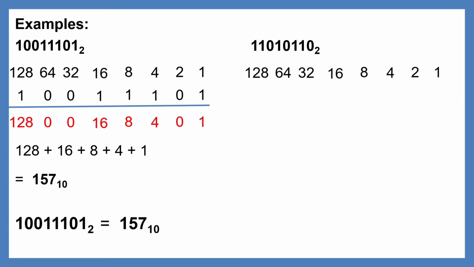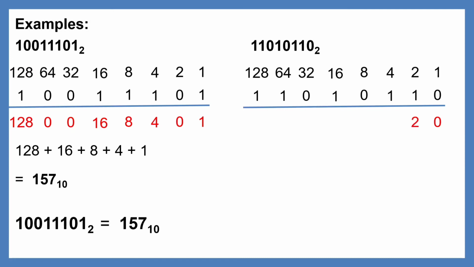Since we have a set of 8 bits, we're going to write the corresponding binary numbers below the place values, or the powers of 2.